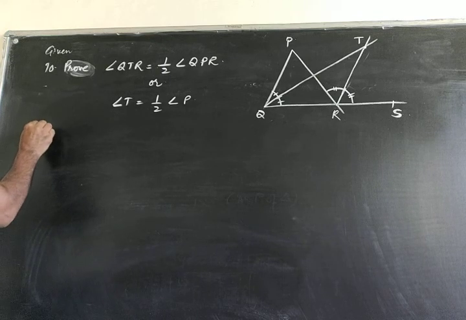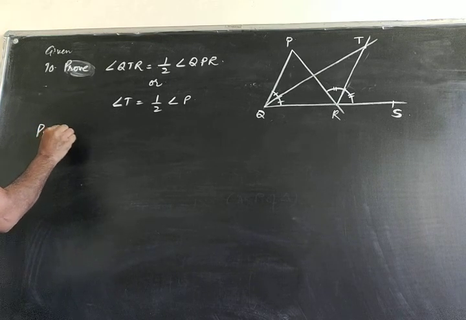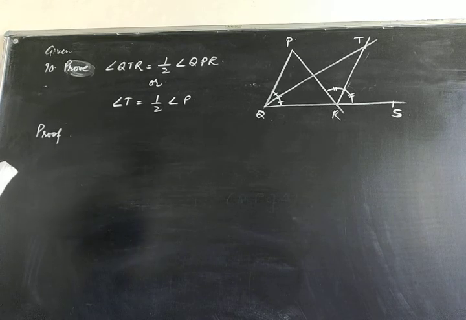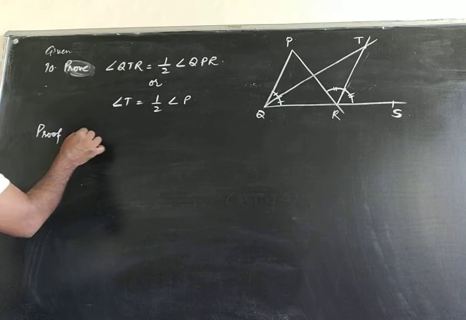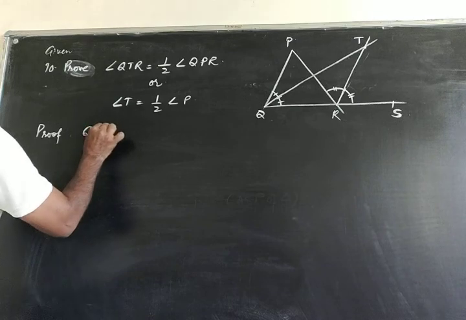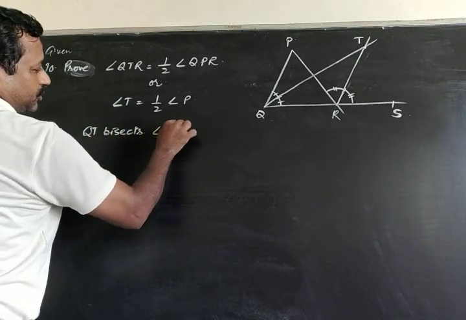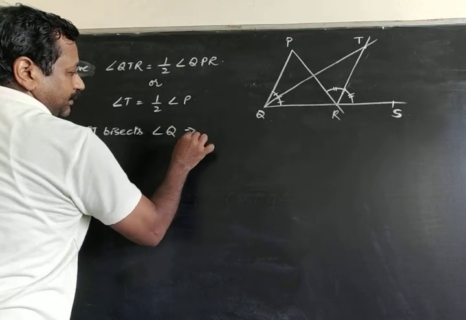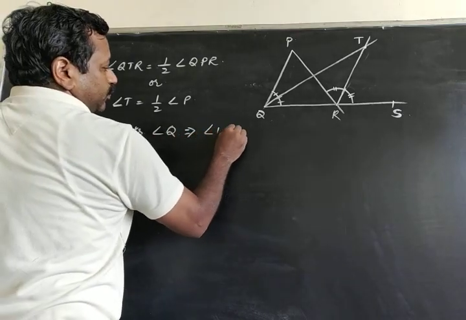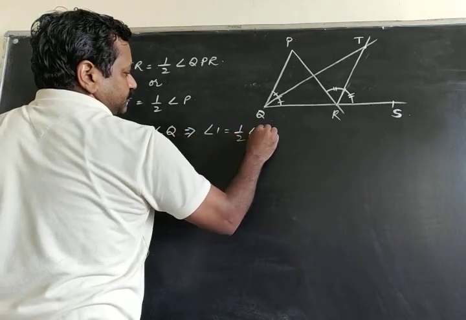So proof, QT bisects angle Q. We will start the proof from here. QT bisects angle Q. It implies angle 1 equals half angle Q.